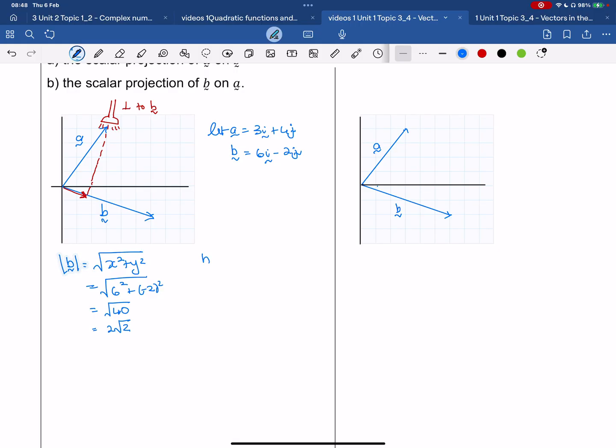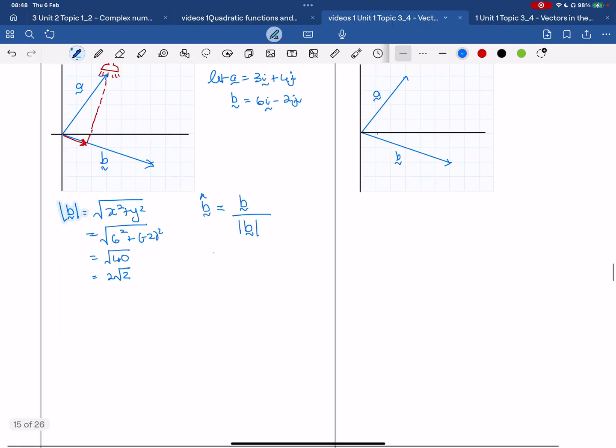Then to find my unit vector in the direction of B, it will be B divided by my magnitude of B, and that's going to be 6i minus 2j divided by 2 root 10.